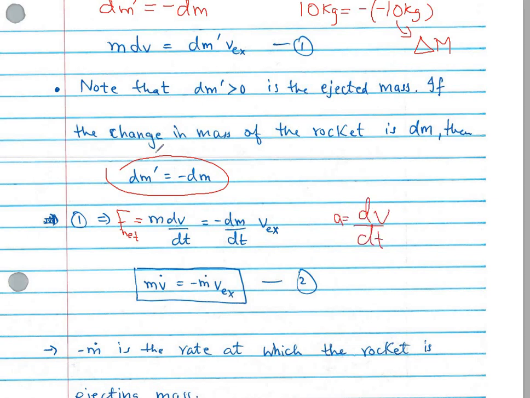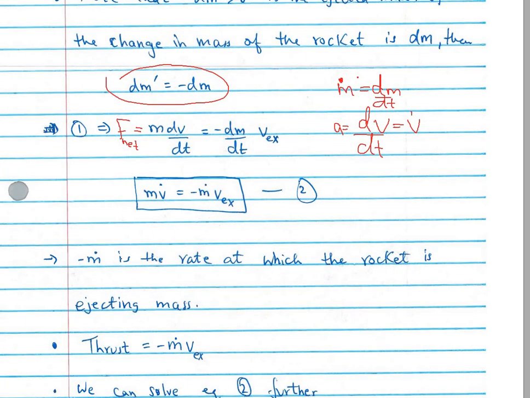So the net force on the rocket, m v dot, is the negative of m dot times v sub ex. v sub ex is again the velocity of the exhaust, and m dot is dm by dt.